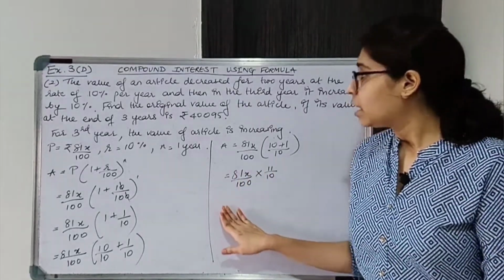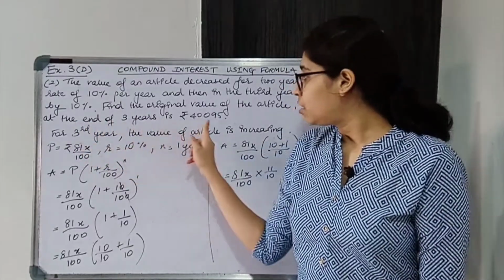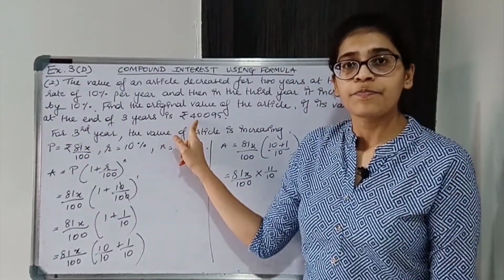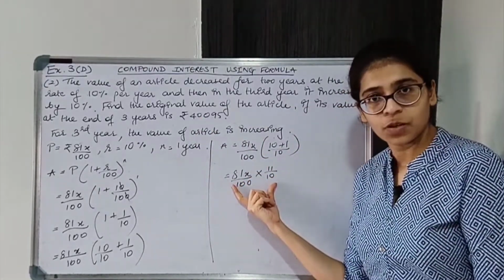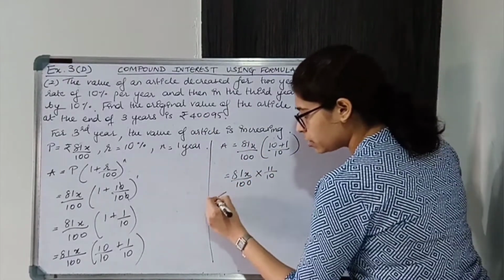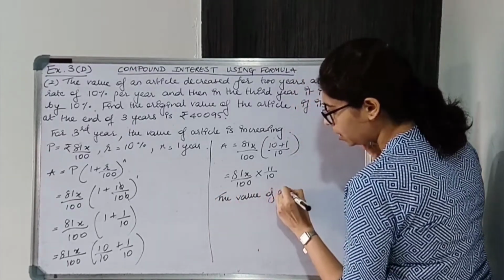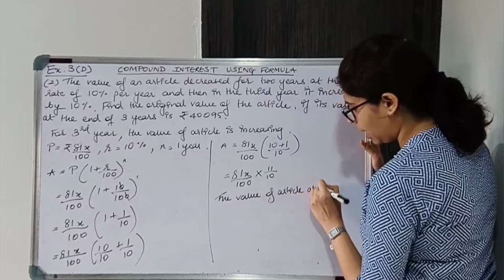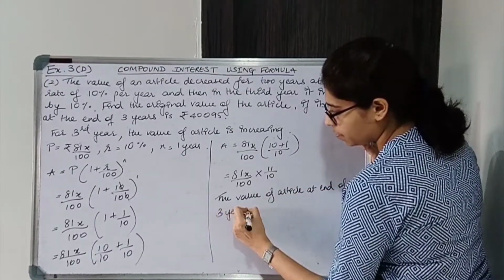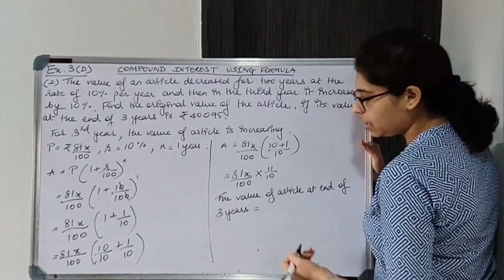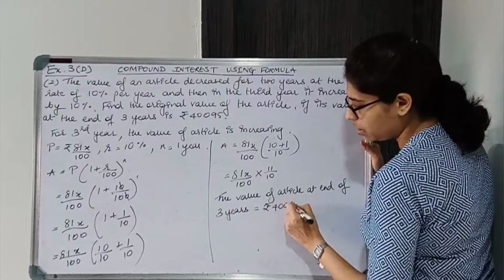We know the value of the article at the end of 3 years is 40,095. The value of the article at the end of the 3 years is this. So just write down the value of article at end of 3 years is equal to, we are given it is equal to 40,095.